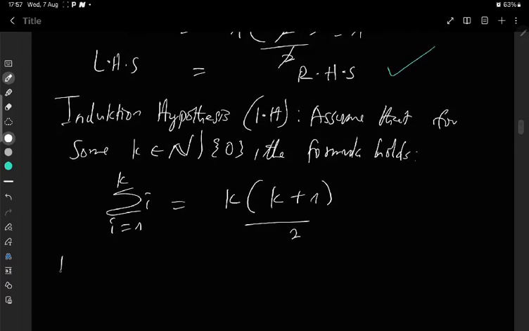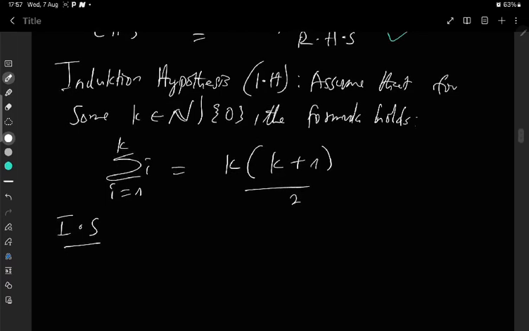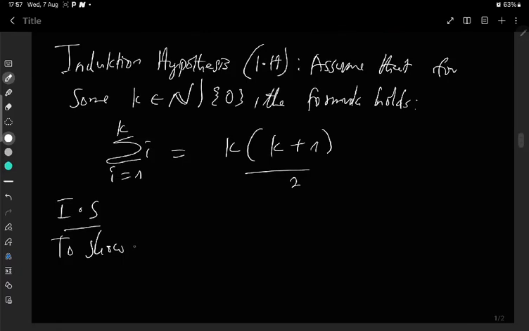Okay, so in our induction step now, we want to show that the formula is also true when k is projected to k plus 1.